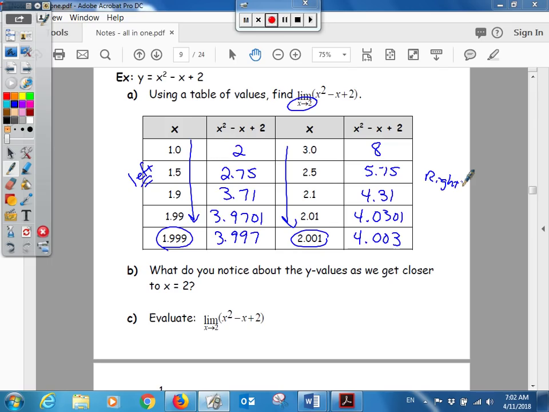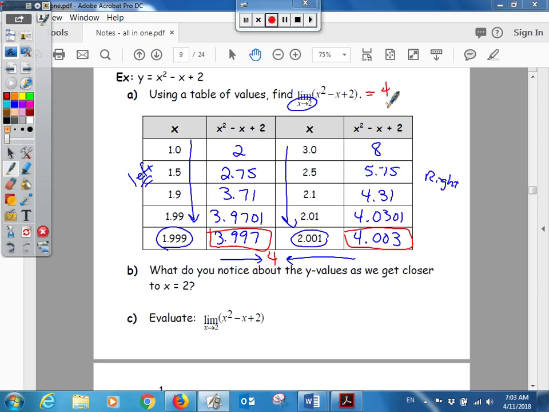As you're approaching 2 from the left and from the right, what y value are you getting close to? Well, in this case, it's the y value right in between 3.997 and 4.003. So your function is approaching the y value of 4, and we would say that the limit is equal to 4.